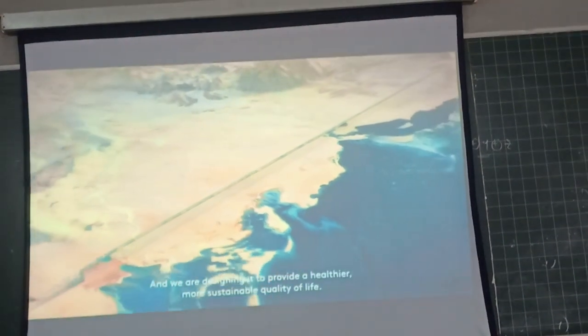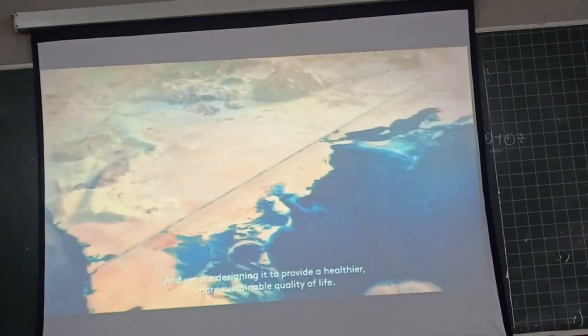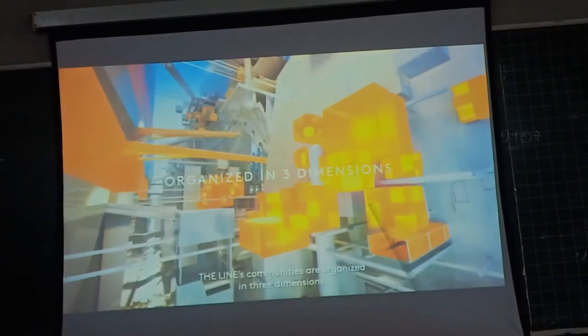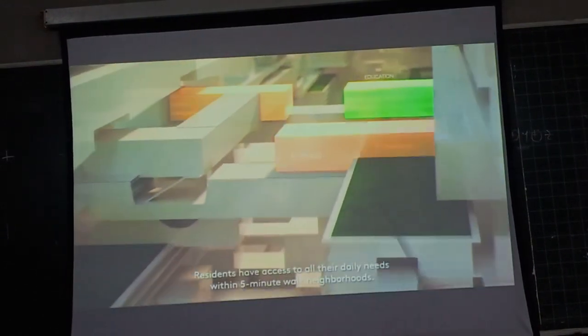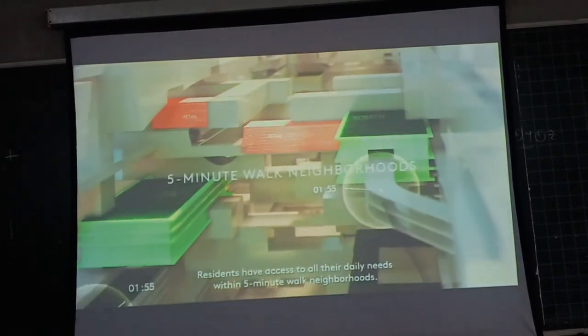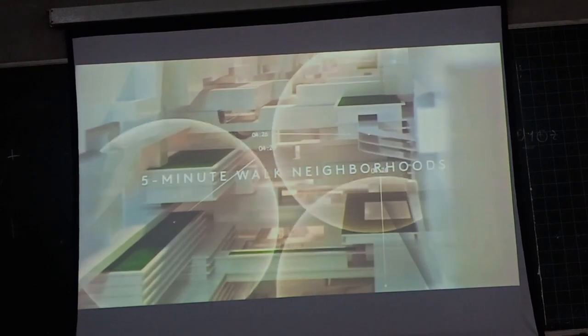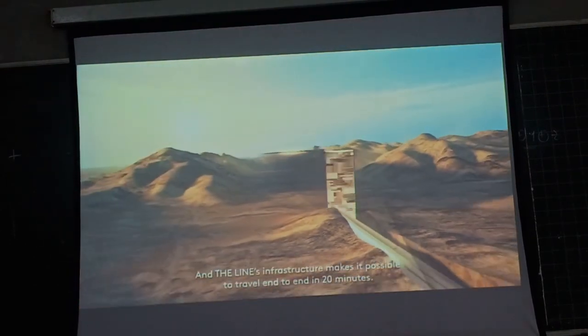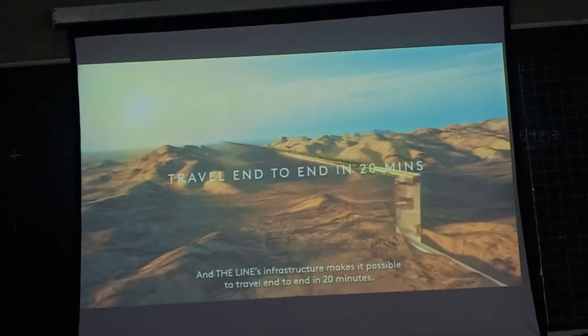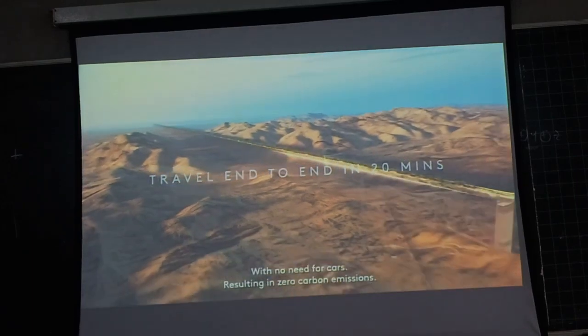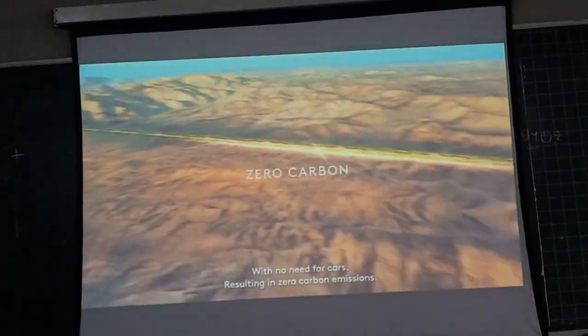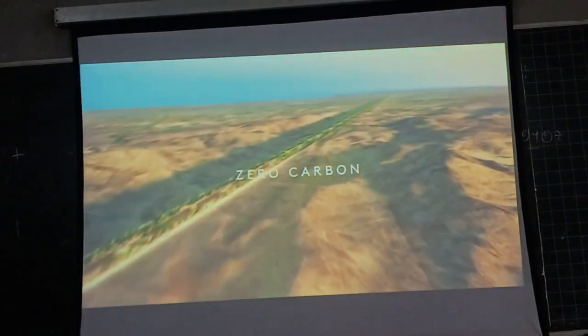And we are designing it to provide a healthier, more sustainable quality of life. The Line's communities are organized in 3 dimensions. Residents have access to all their daily needs within 5-minute walk neighborhoods. And the Line's infrastructure makes it possible to travel end to end in 20 minutes with no need for cars, resulting in 0 carbon emissions.